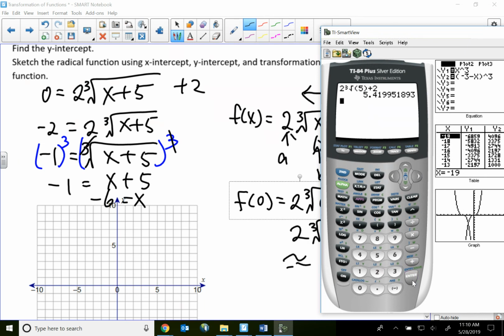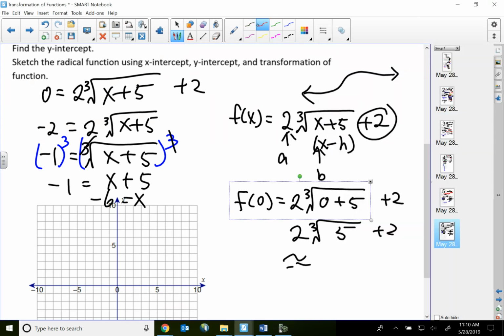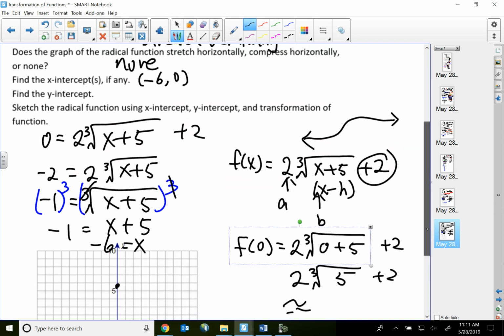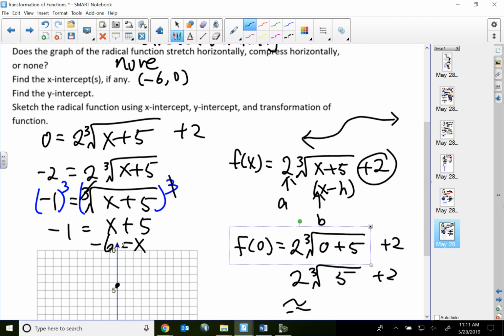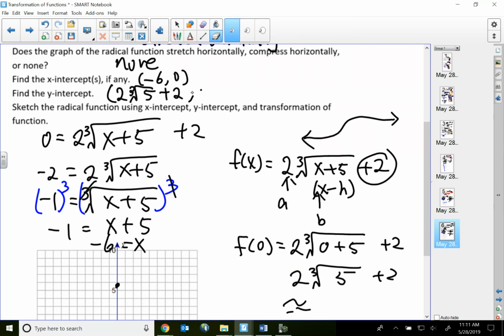That's about 5.4, almost halfway between 5 and 6. So let's put it about right here. The y-intercept, to be exact, is (0, 2 times the cube root of 5 plus 2).